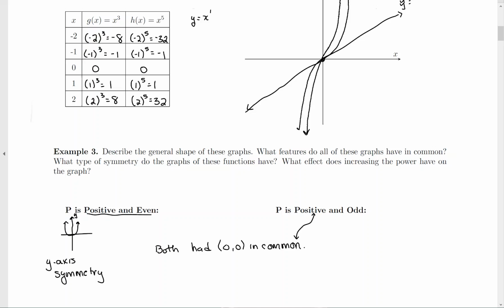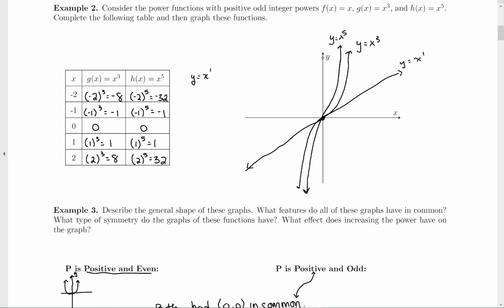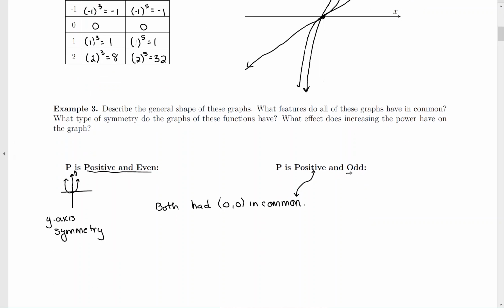For the ones above here, though, if I fold this over, I'm not going to land on the graph on the other side. In fact, it's over here, across the origin, that I notice that I have a similar shape. If I folded it over the origin, coming this way around, it'll land on itself. So if it's odd power, we have origin symmetry. Notice how the O's go together here, odd origin.